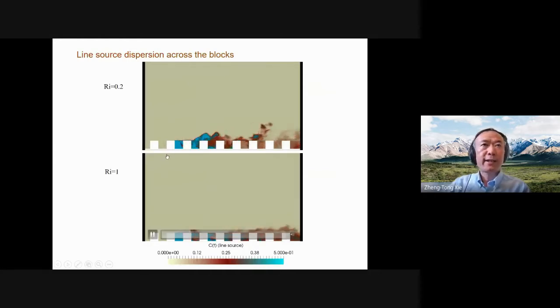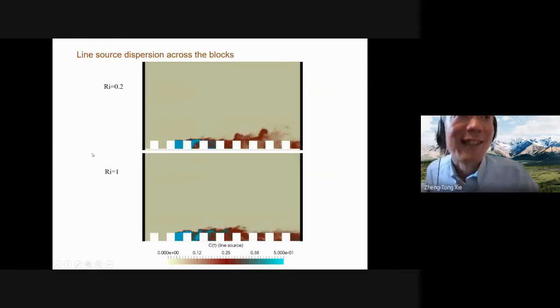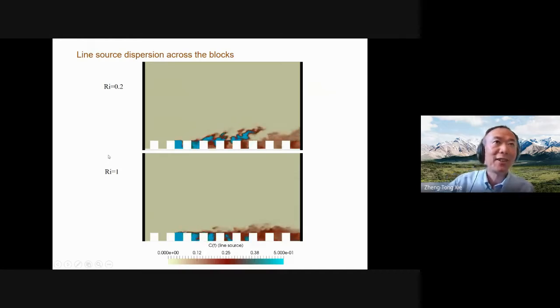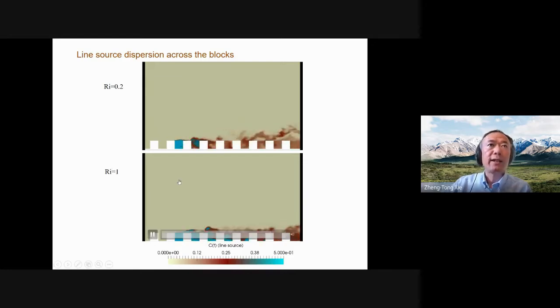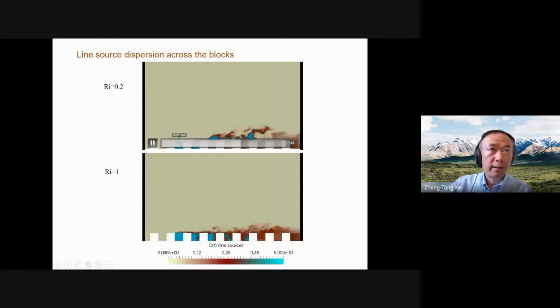Okay, here is a movie. I only show one movie in this talk, because it takes time. So this is the weak Richardson number 0.2, and this is a stronger Richardson number 1. The source is the line source here, the first blue area.